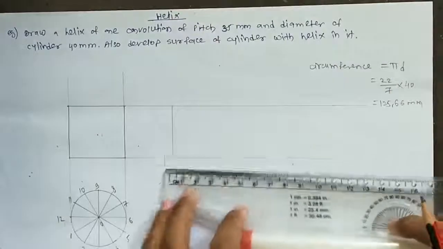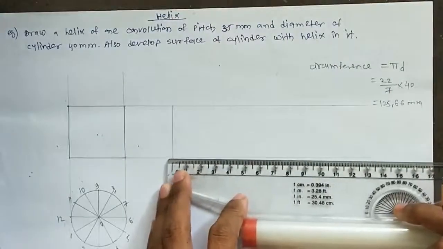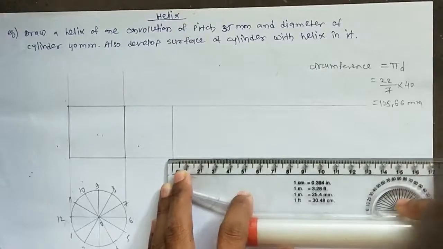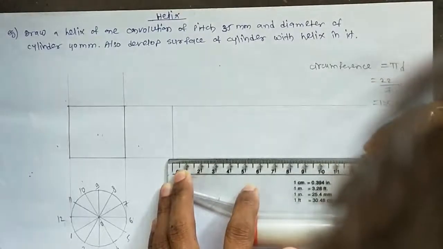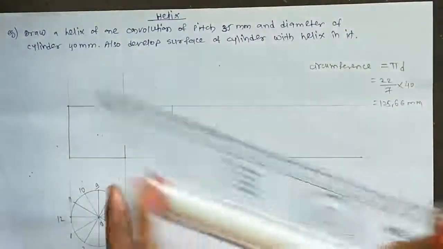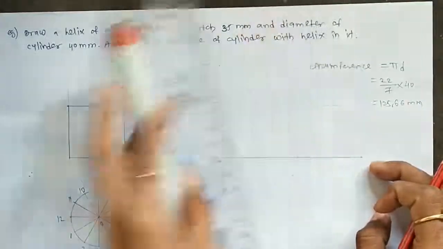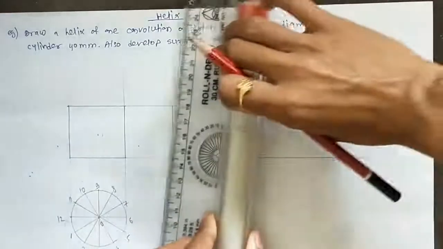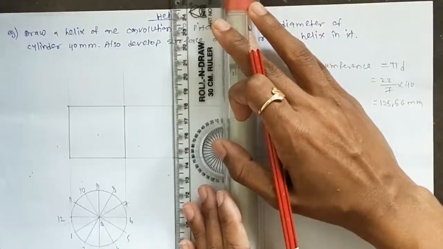Now take this distance as 125.66 mm. And now complete this rectangle.